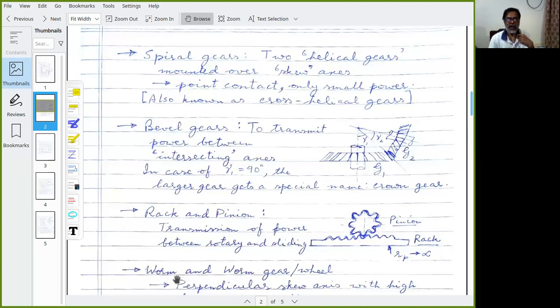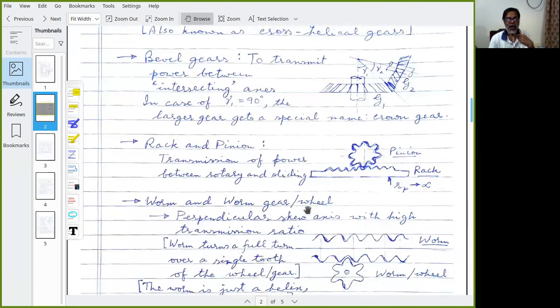Another pair is the worm and worm wheel. Again, you see here the worm is basically a helix.